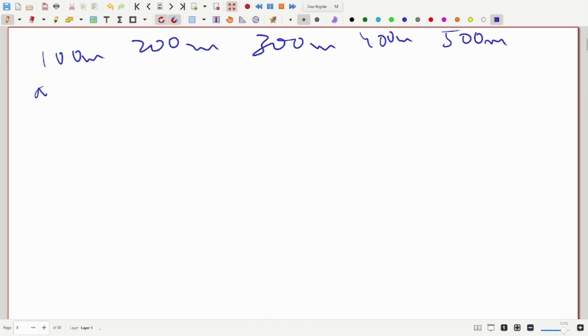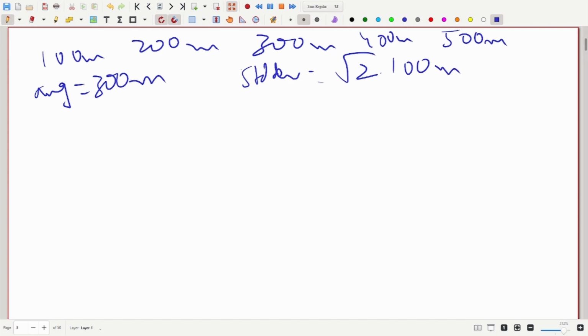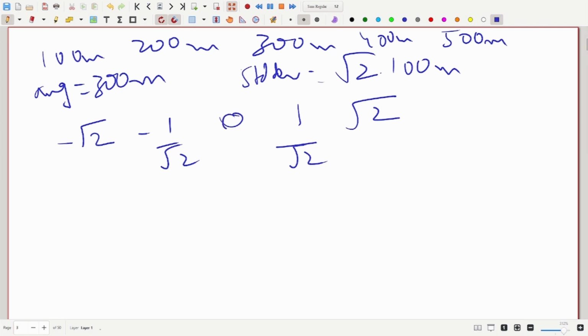We know the average is 300 meter and the standard deviation is root 2 into 100 meters, and you will not be surprised, the standardized data will be minus root 2, minus 1 by root 2, 0, 1 by root 2 and root 2. So, now as the measure is just of scalability, when we come to a standardized form, the scalability actually reduces and you get the data as just scaled.